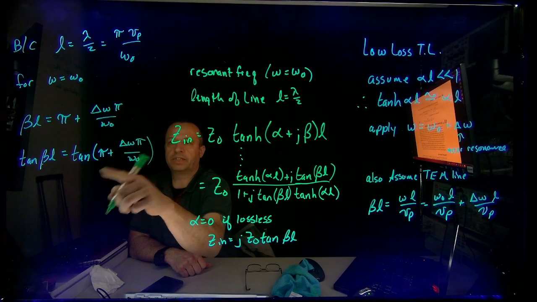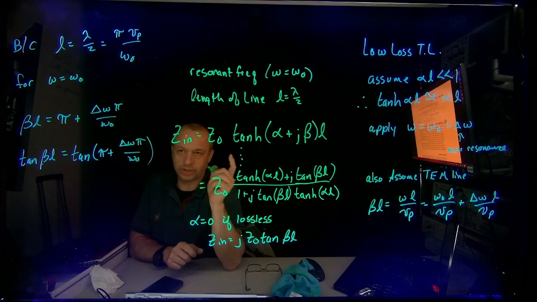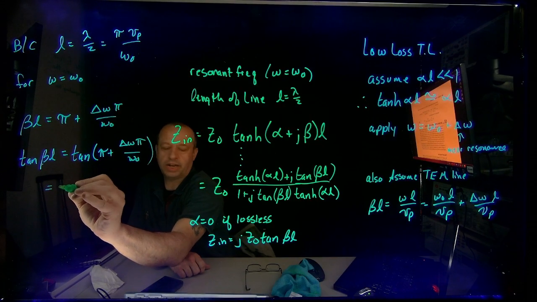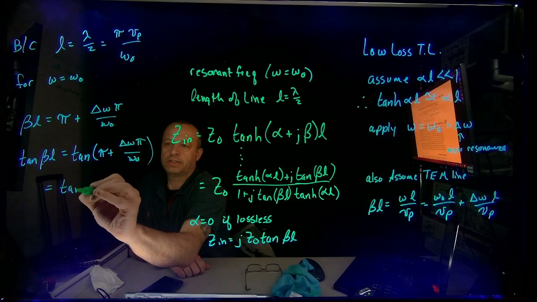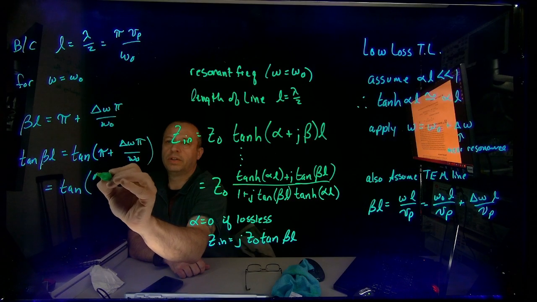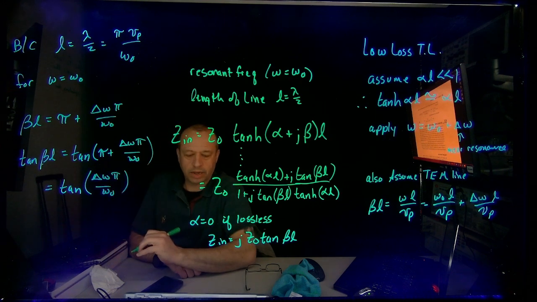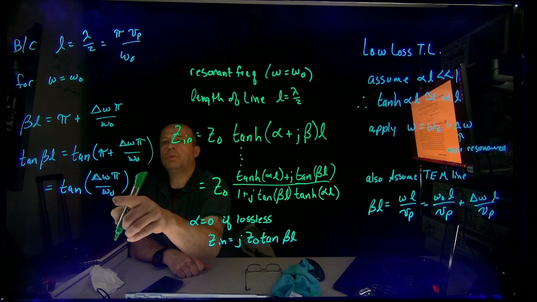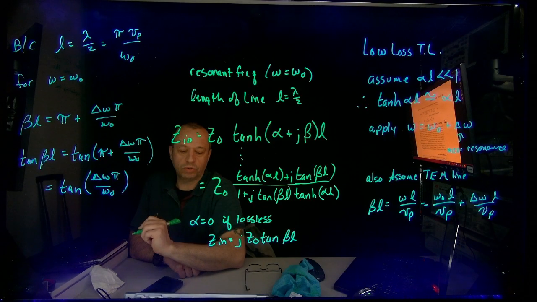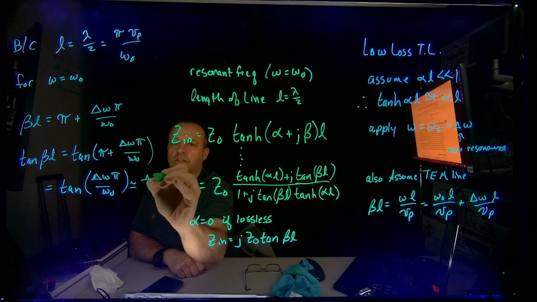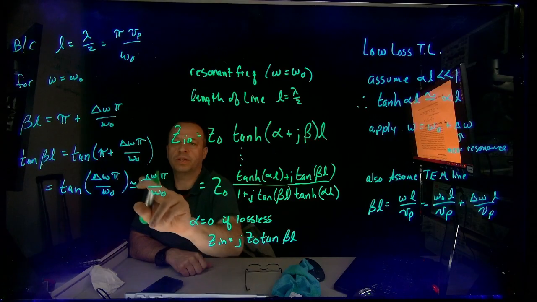Now we break this up and we get that tangent of pi, which is just 0, so we're left with just tangent of delta omega pi over omega naught. Because the deviation is so small, this is approximately equal to just delta omega pi over omega naught. So it's a nice simplification for this.